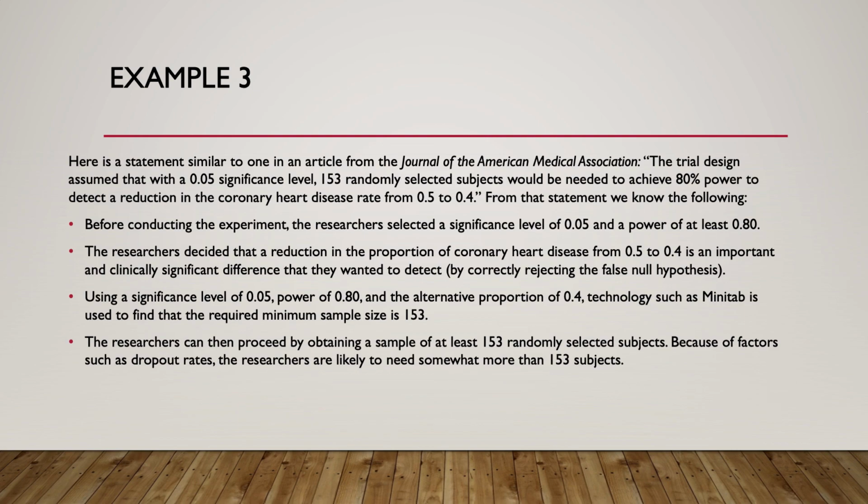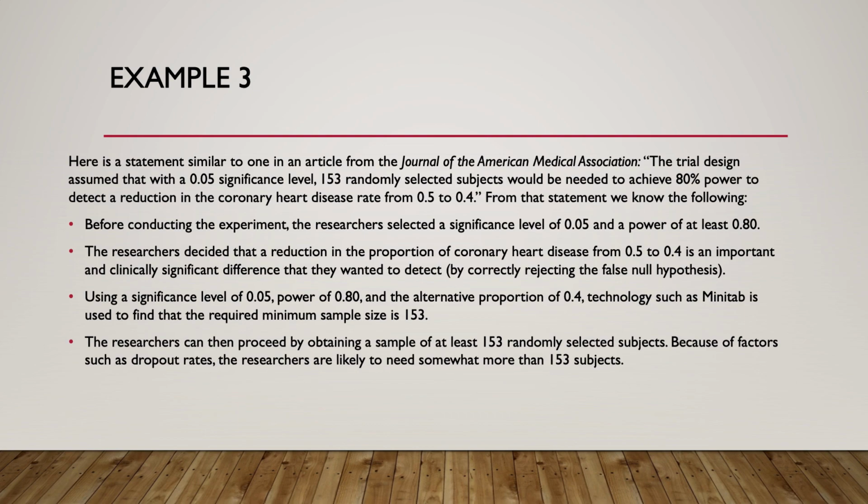From that statement, we know the following. Before conducting the experiment, the researchers selected a significance level of 0.05 and a power of at least 0.80. The researchers decided that a reduction in the proportion of coronary heart disease from 0.5 to 0.4 is an important and clinically significant difference that they wanted to detect by correctly rejecting the false null hypothesis.